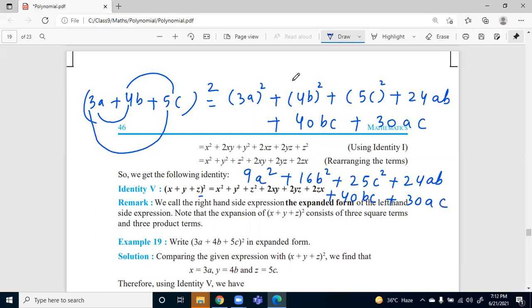So we are complete. All these 6 terms are unlike, so we cannot simplify it further. I should say it is a very easy identity, not much to remember.